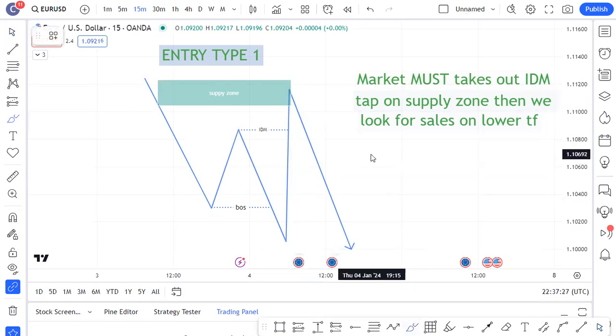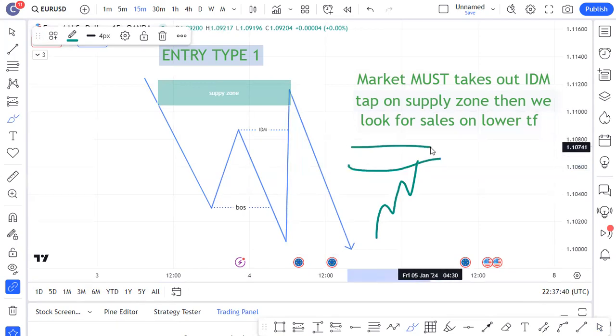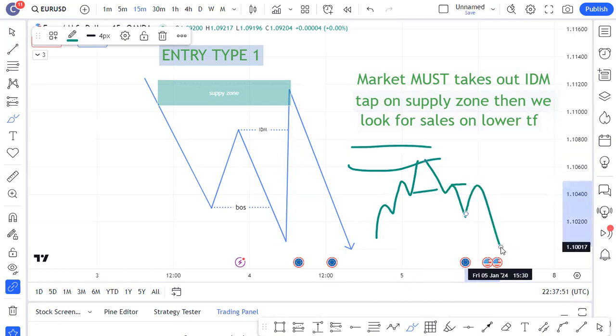Something like this. Depending on the market it will give you the direction, but you can find the market will be moving up and down like this. If it touches your first supply zone, this first high becomes your choke, it drops, gives you an inducement, takes out the inducement like this, then it drops.